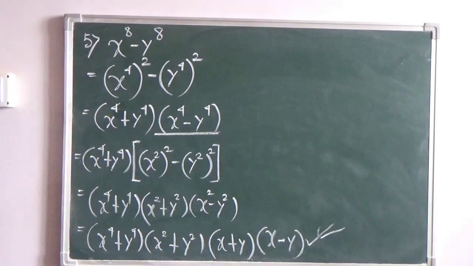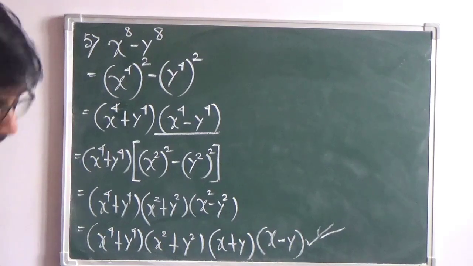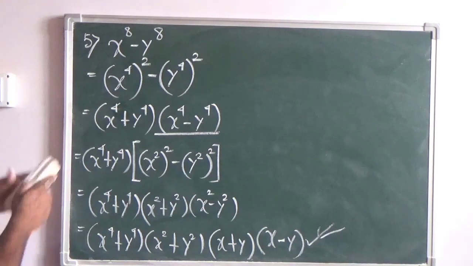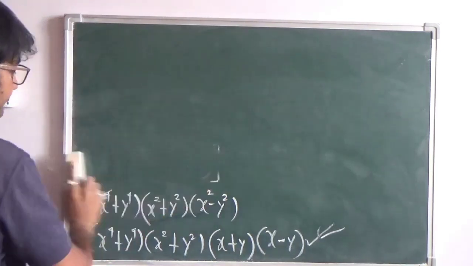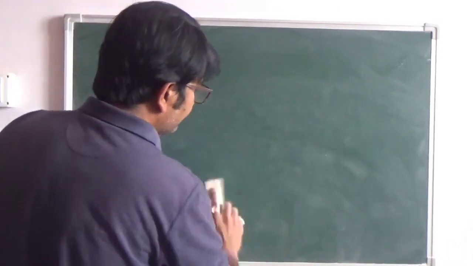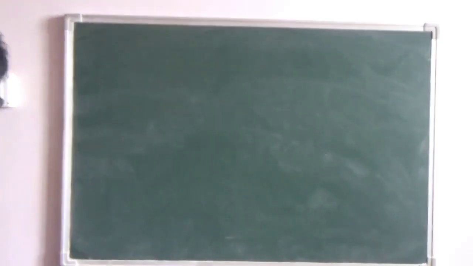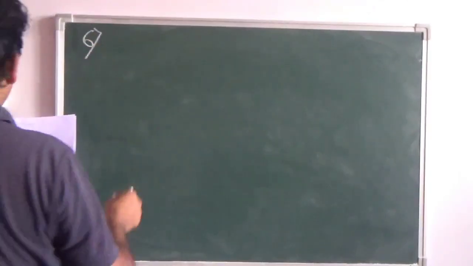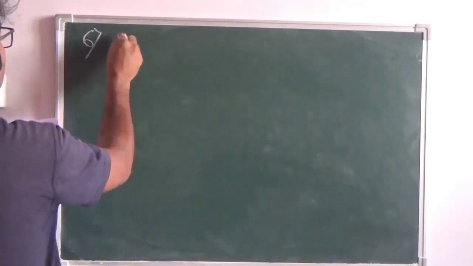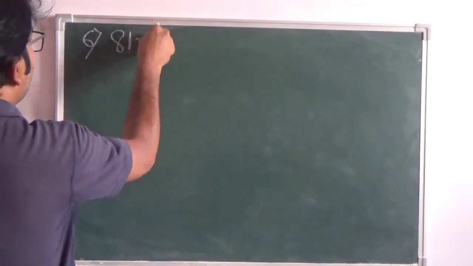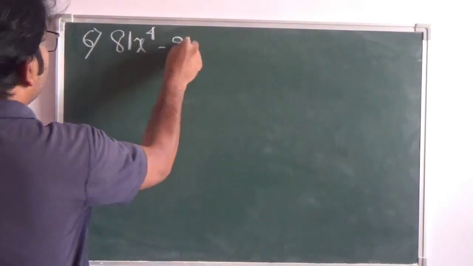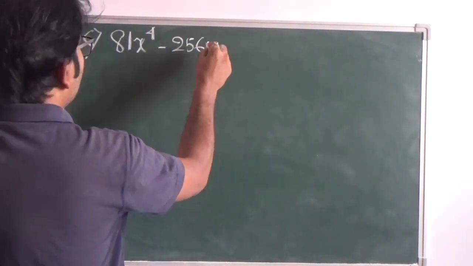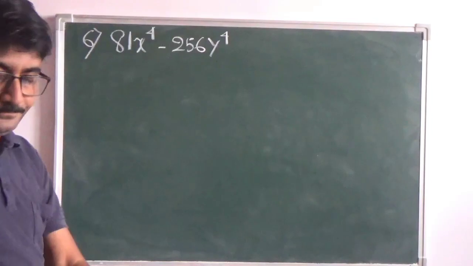Now I move on to question number 6. It is 81x to the power 4 minus 256y to the power 4.